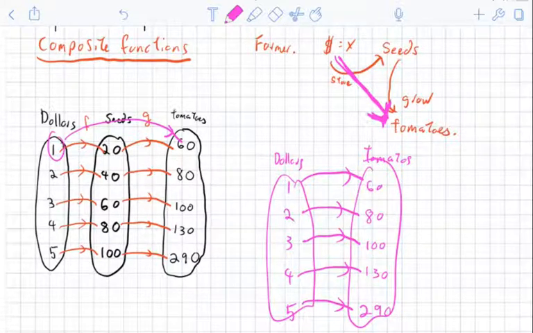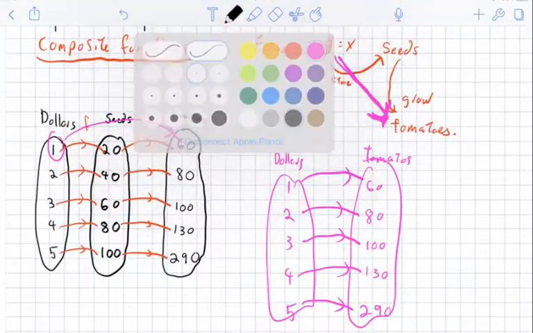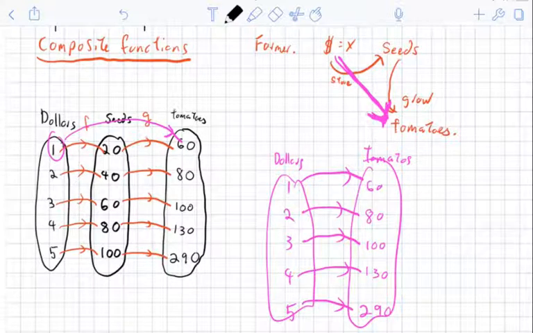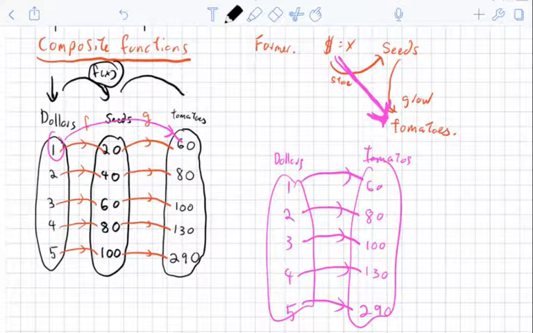This particular function has a name. It's called a composite function. We use a specific notation for composite functions. The order is you start with some input, you evaluate f of x, the result of the first function, and then you plug this value into another function, g of x.